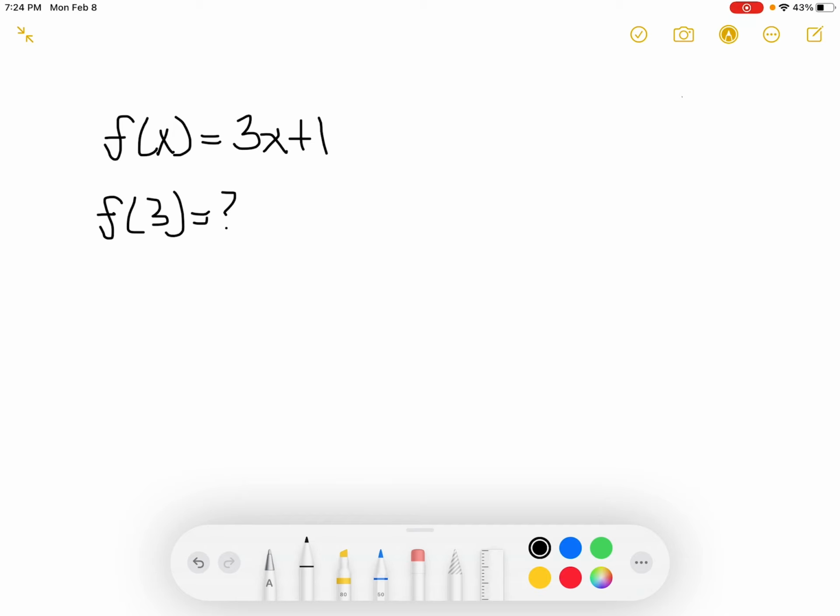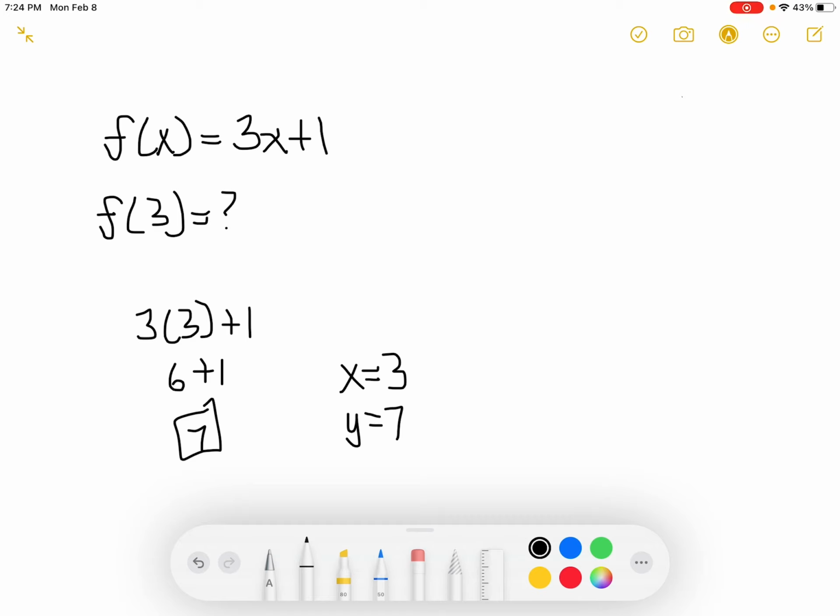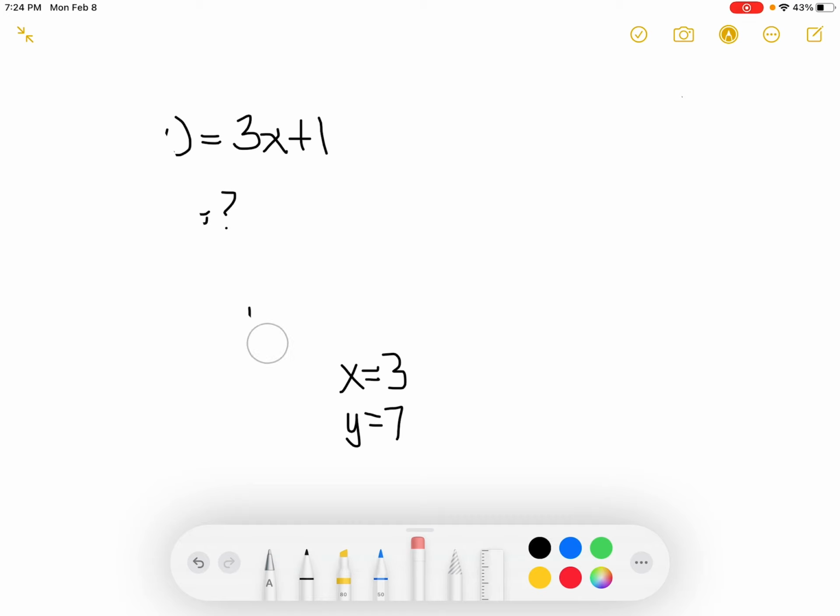What does that mean? We just replaced x with 3 here, so that means do it here too. That's all you need to do. So we substitute in 3, we get 9 plus 1, and then that's 10. So f of 3 equals 10, which means if x is 3, then f of x is 10, or just y is 10. So that's what that means. That's simple. So you can do any problem like that.